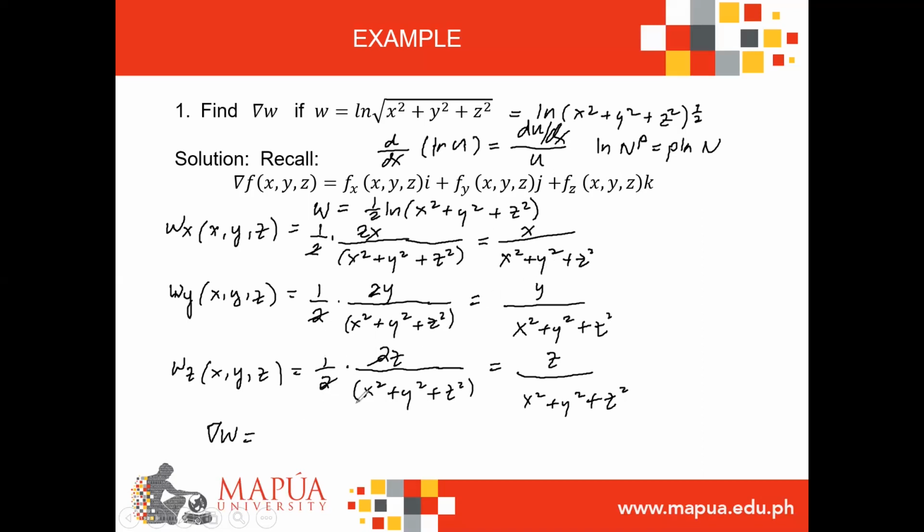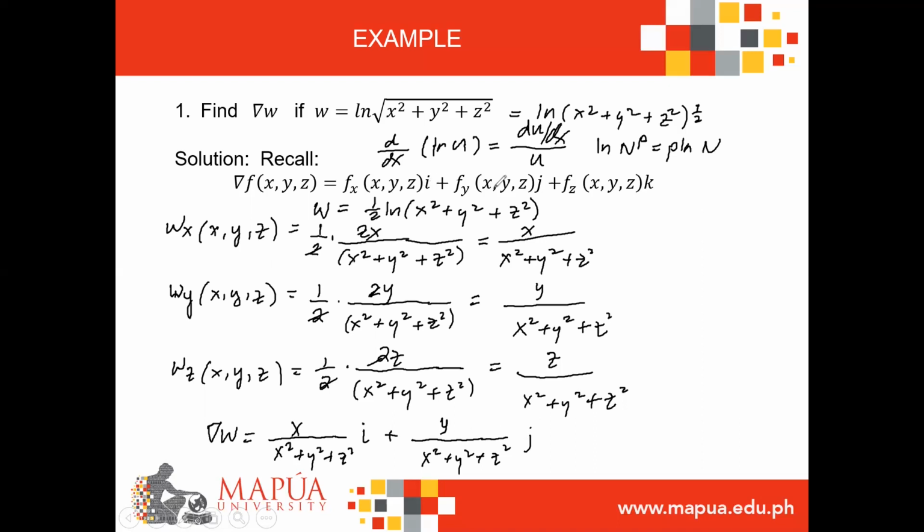So we have x over x squared plus y squared plus z squared times i, plus y over x squared plus y squared plus z squared times j.